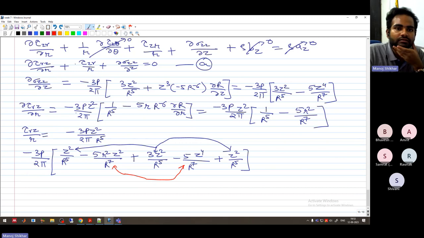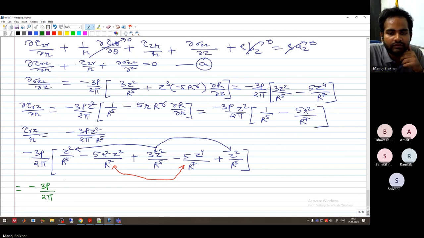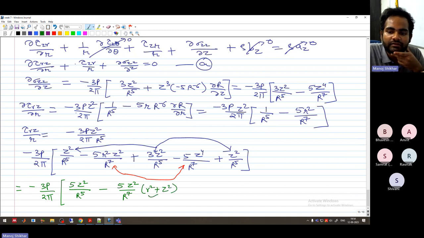So what we will get, write it here. So we will get minus 3p upon 2 pi into 5z square upon r to the power 5 minus 5z square upon r to the power 7 into r square plus z square. Okay. So this is same as capital R square.